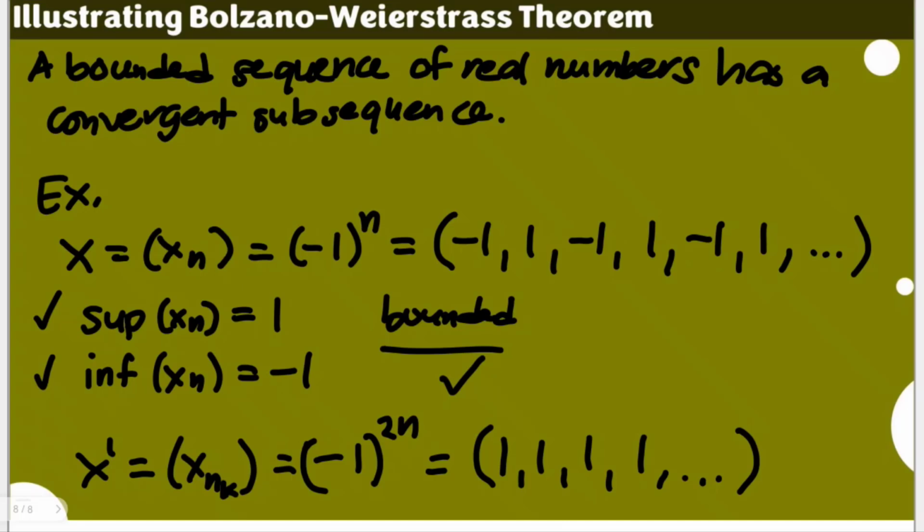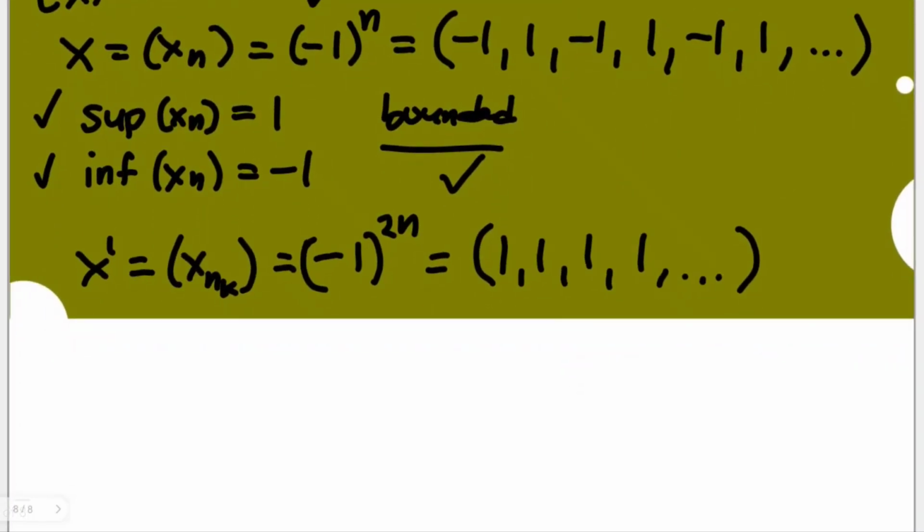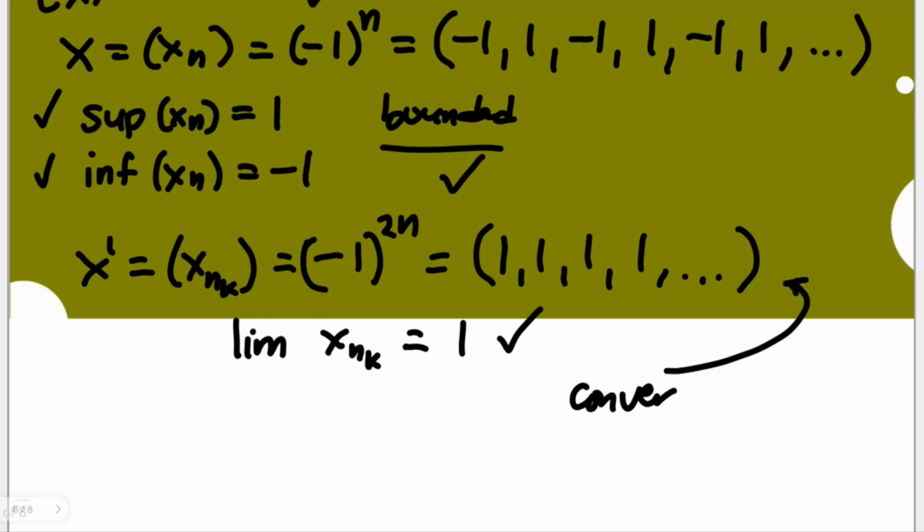Here, there's no guarantee that the given sequence is convergent, so we cannot use the subsequence convergence theorem. To show that this is convergent, we can look into the idea of the constant sequence. You have the same value, so the limit of this x sub n sub k is equal to 1, the constant value of the sequence. Since the limit exists, we can say that this subsequence is convergent.